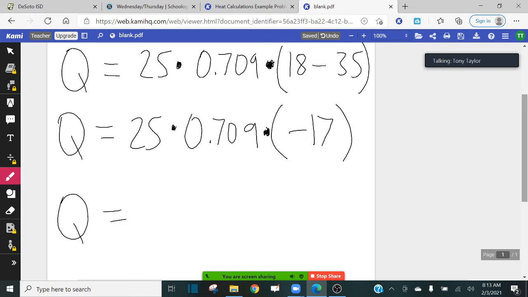When I put all that in my calculator, it turns out I get negative 301.3 joules.